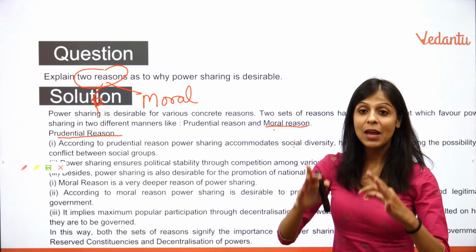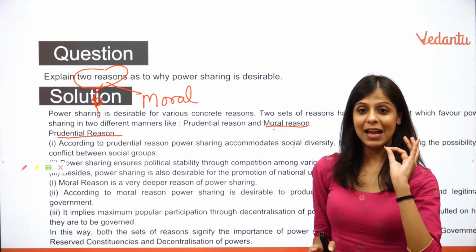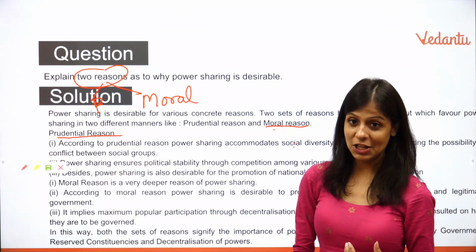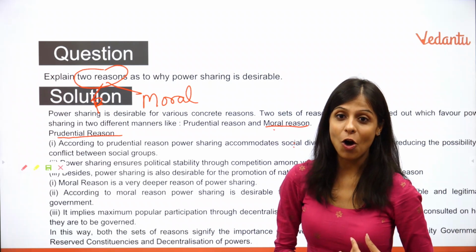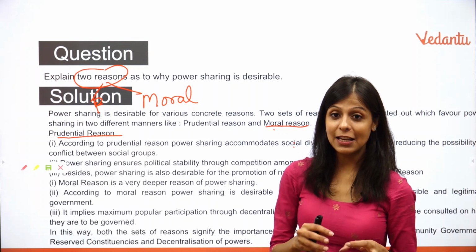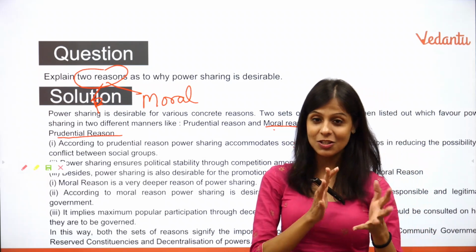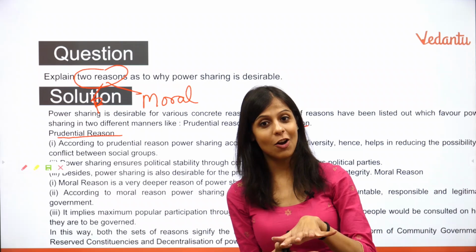If you can't relate to the prudential reason, the easy way I prefer is: P is for prudential and P stands for profit and loss. Whenever there's going to be a conflict, whenever you have to adjust, that's all about profit and loss, adjusting the profit, compensating on the loss side.